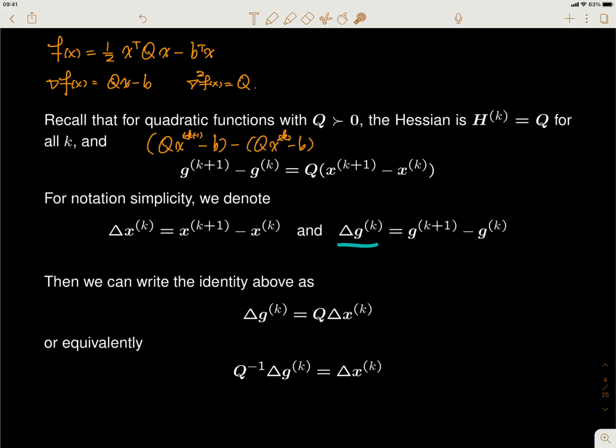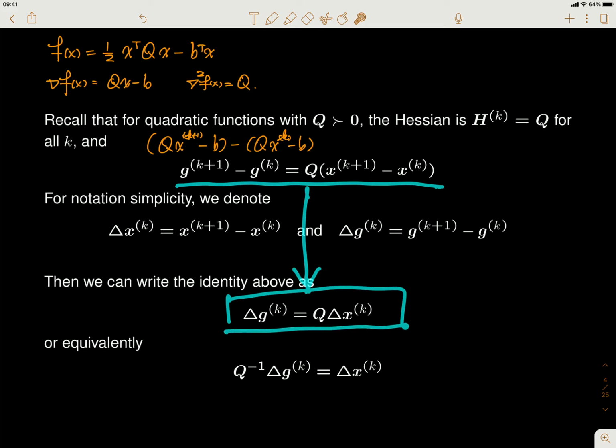Similarly, delta gk denotes the difference for the gradient: you move from gk to gk plus 1, and this vector is denoted by delta gk.